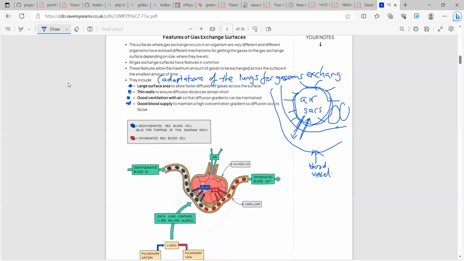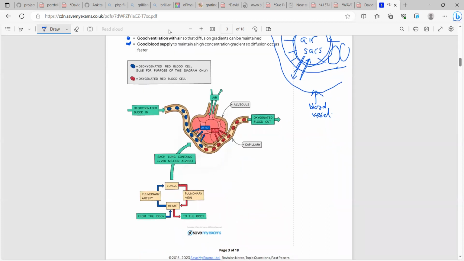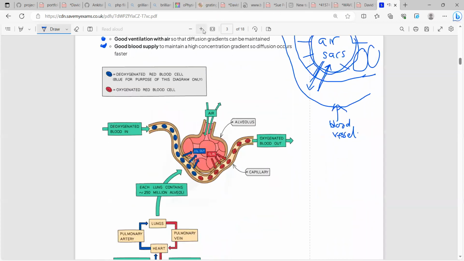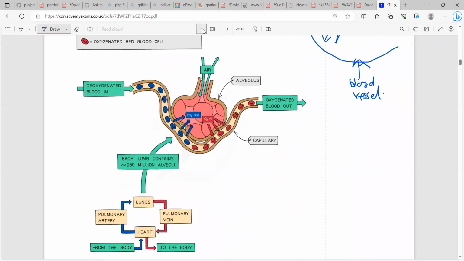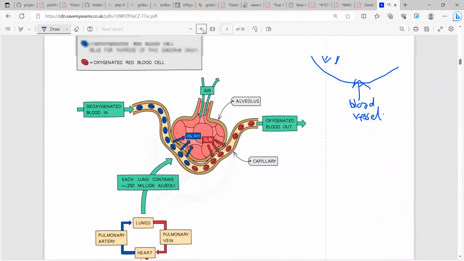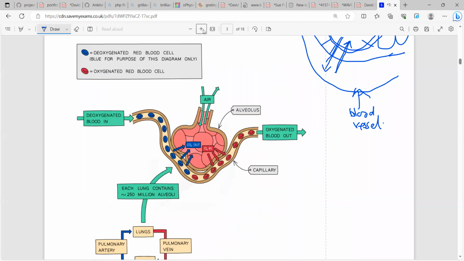So now let's take a look at this diagram. Let's zoom it in. So this is what is really taking place when we have gaseous exchange. We have what we call the alveolus or an air sac. Right?